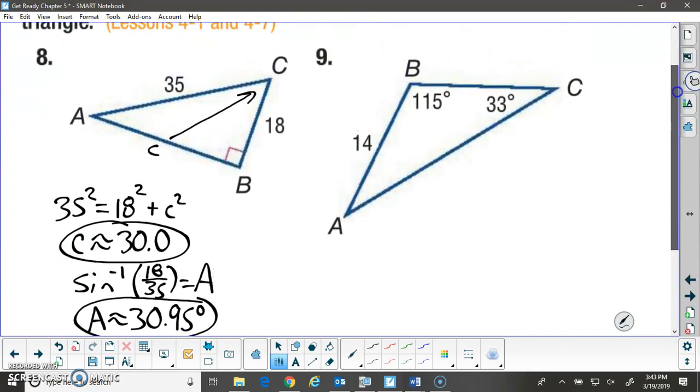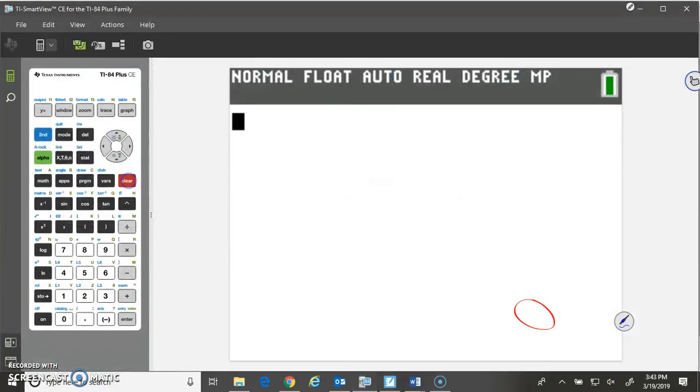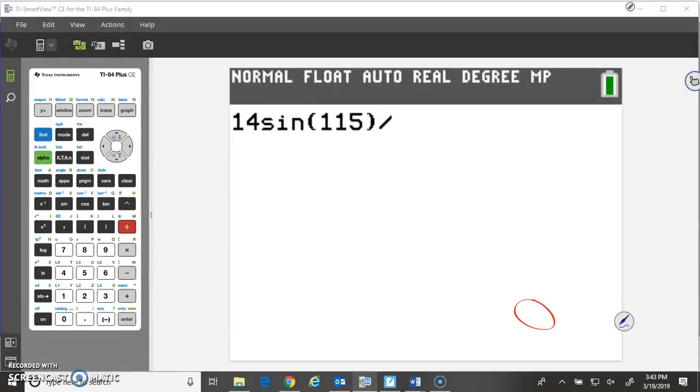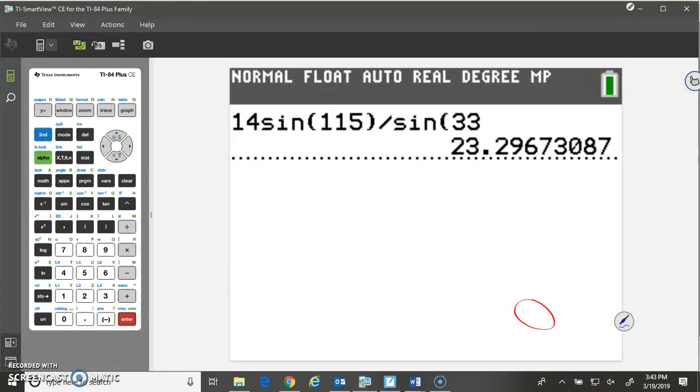All right, number 9, we have to use the law of sines. And if we use the law of sines, we'll say the sine of 33 degrees divided by 14 equals the sine of 115 degrees divided by length b. And if we cross multiply and divide, 14 times the sine of 115 divided by sine of 33 gives us an answer of about 23.3.